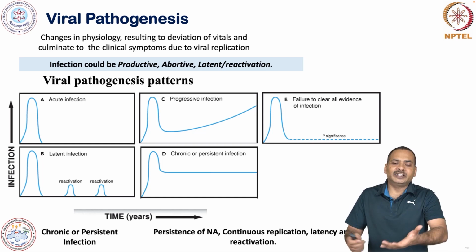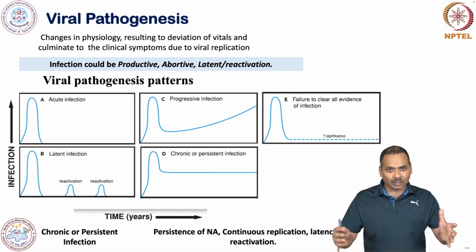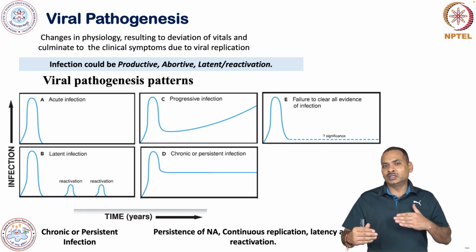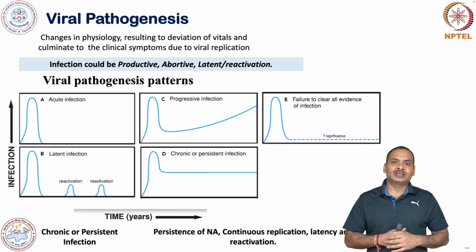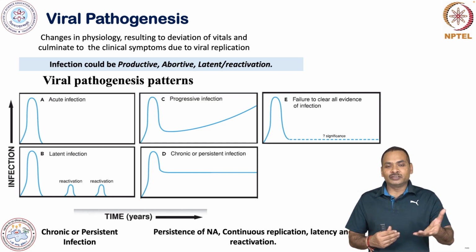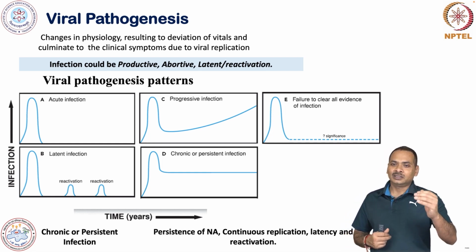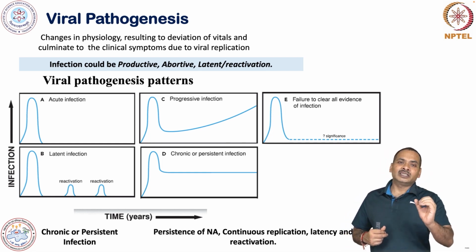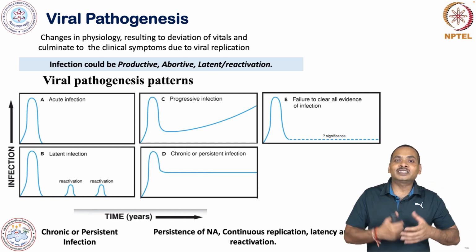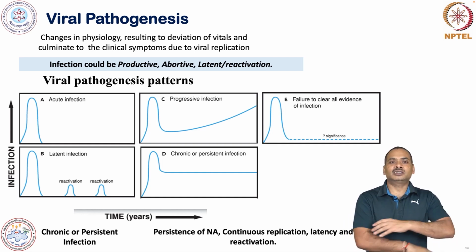Because if it is hiding and not causing disease, then what is its meaning? But if you see it in a philosophical way, it is a very good equilibrium stage. It's like you live and I live. The virus is basically not killing the host. If it kills the host, then the virus cannot survive either, right? So this is a very good arrangement.